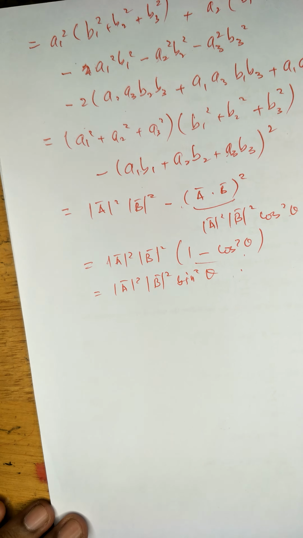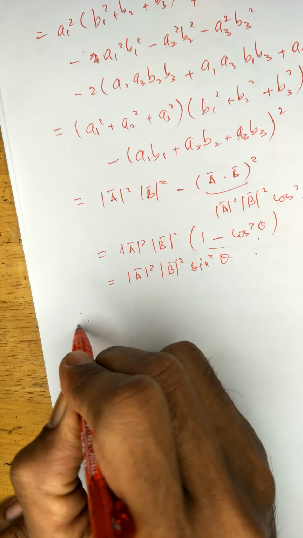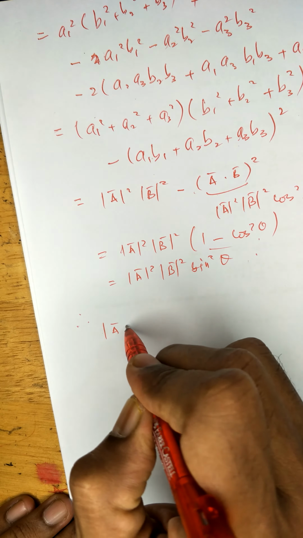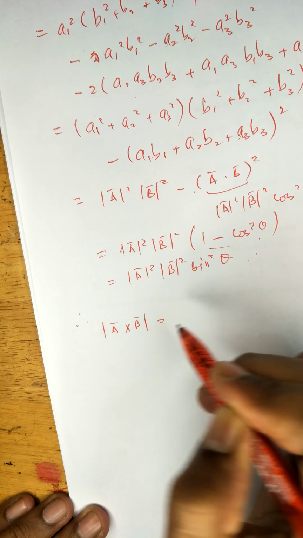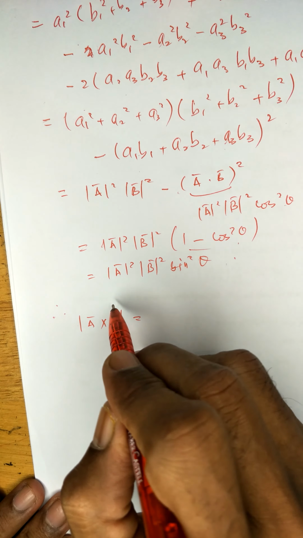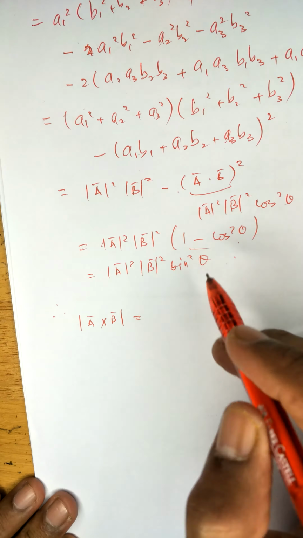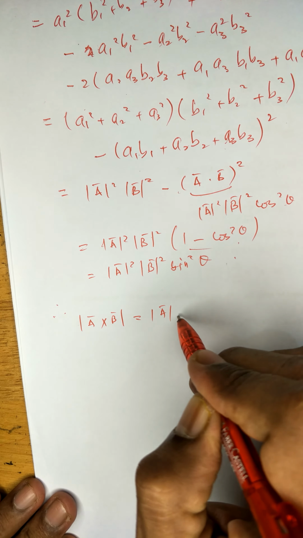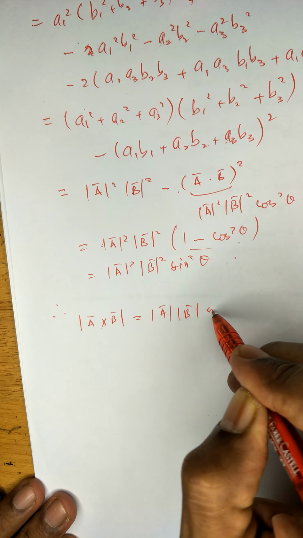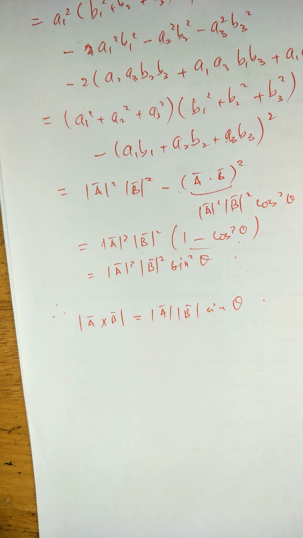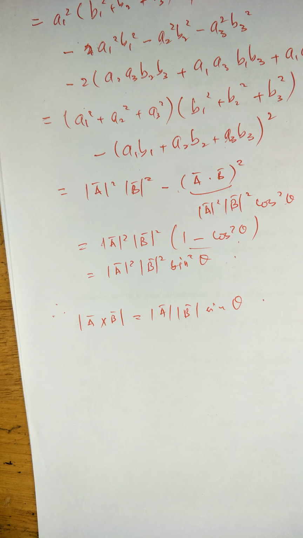Okay, therefore we have A cross B, you just take the square root of each side, so we have A B sine theta. Okay, so that's the proof of this theorem.